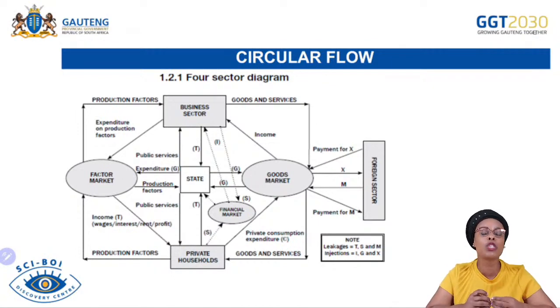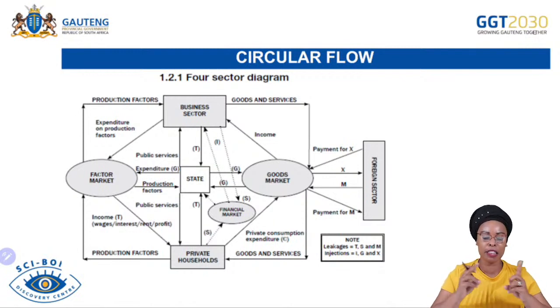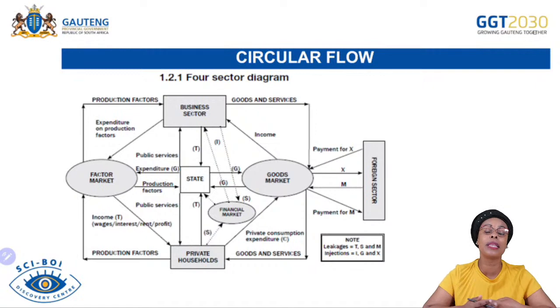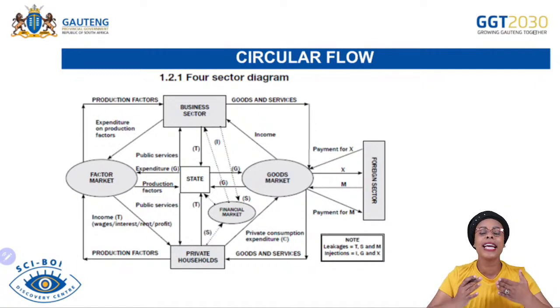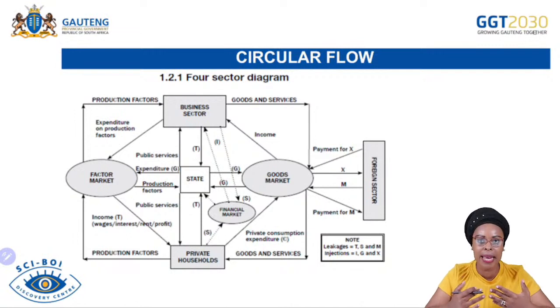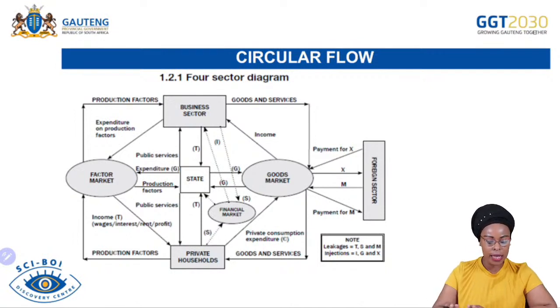So in economics, we use models to explain the theory and link it to reality, to what is happening in the economy. So the circular flow is a model that we use to explain theory that is difficult for us to experiment with. So let's look at this model.